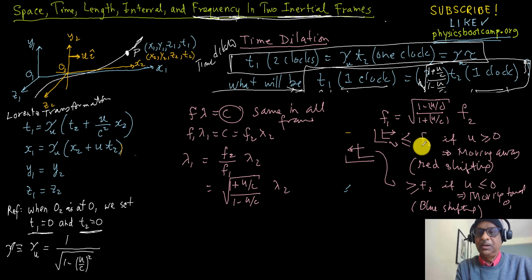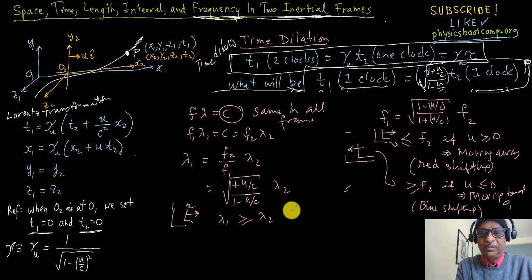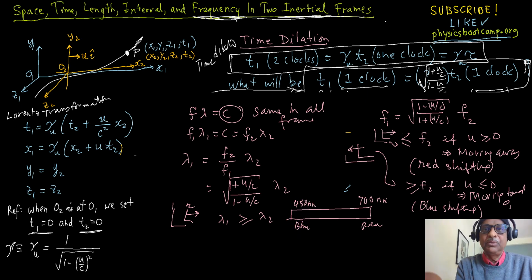If this situation is moving away, lambda 1 will be greater than or equal to lambda 2. If you look at the spectrum, about 700 nanometers is red and about 450 nanometers is blue, so now you know why this will be red shifted.